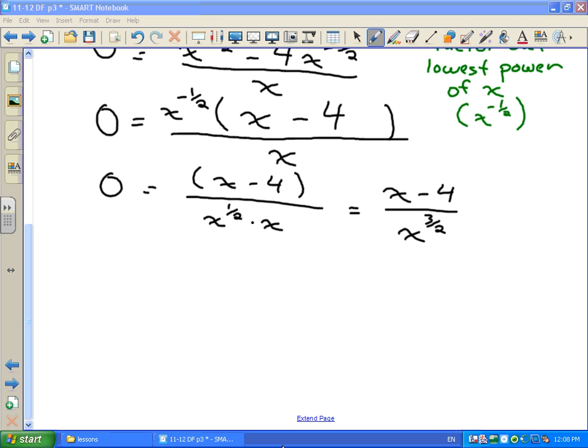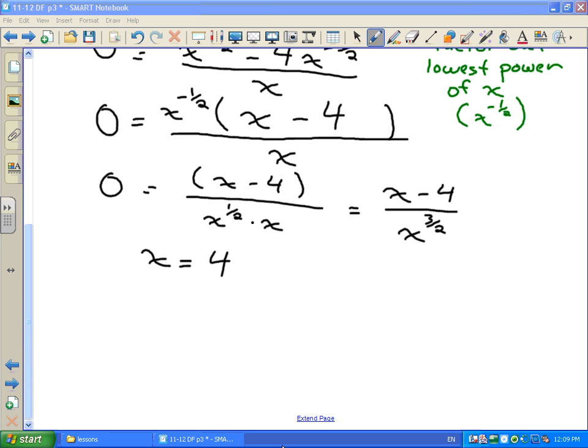And now we could just solve for our x value here. We've got 0 equals x minus 4 over x to the 3 over 2. We're interested in when the numerator is going to equal 0. So our solution here is x equals 4. Okay.